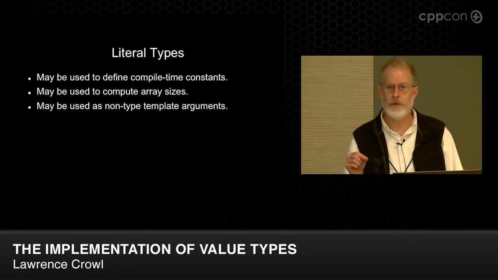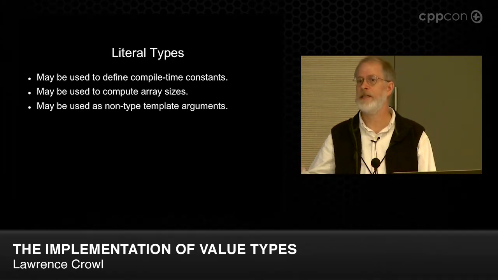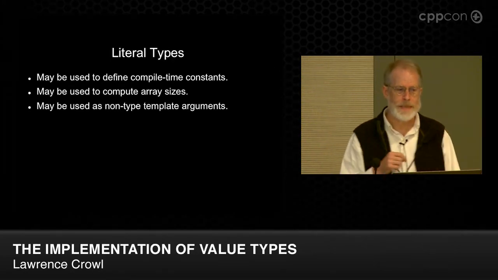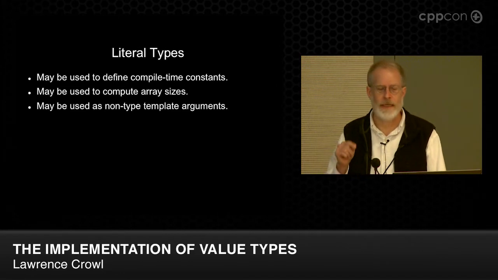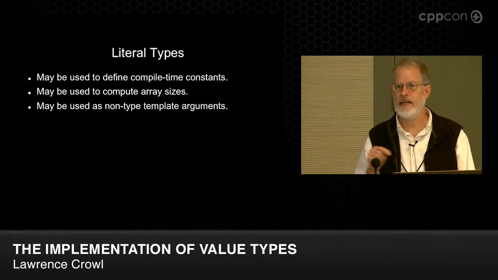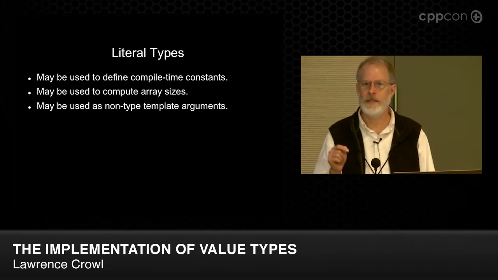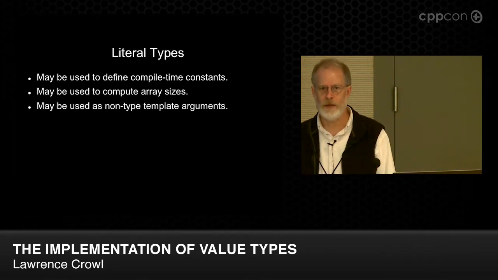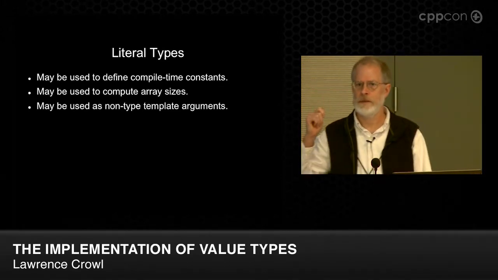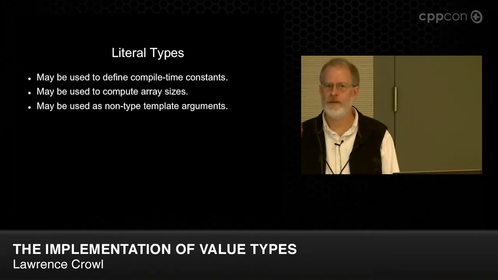It allows you to use those types in the computation of array sizes. And probably most importantly, it allows you to use them as non-type template arguments. So suddenly, you can use a value type color that has all the same usability as the integer 3 in instantiating a template.